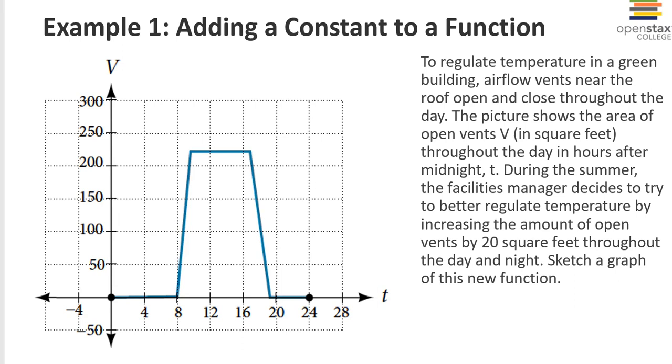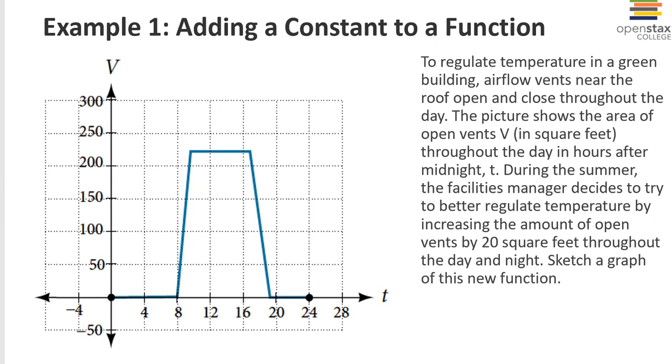How this example is different is we are not given a formula for a function, but instead we are given a picture, a graph. So let's read the scenario. It says to regulate temperature in a green building, airflow vents near the roof open and close throughout the day.